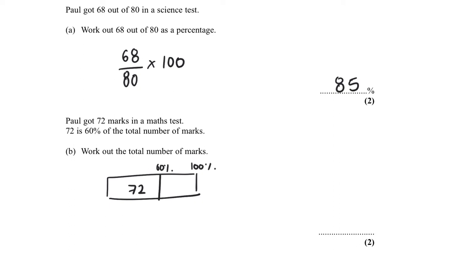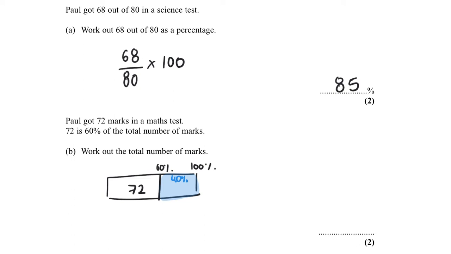What's left over? 40%. But how are we now going to find, if we know 60% is 72, how could we find 40%? Let's think about 60% and 40%. Do 60% and 40% have something in common? What?